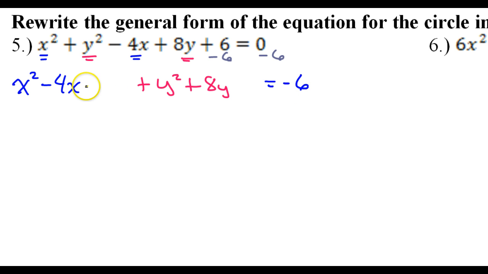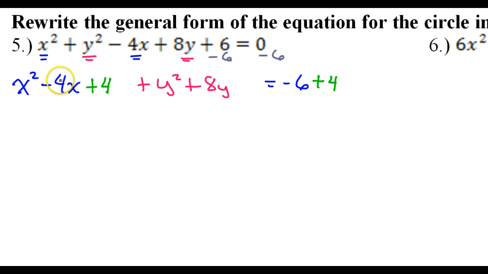So now is where we complete the square twice, once for the blue stuff and once for the pink. So half the middle squared. Half of 4 is 2. 2 squared is 4. So I'm going to add a 4 here. This is called completing the square. When you complete the square, that number that you add, you have to add it on both sides of the equation to keep the balance.